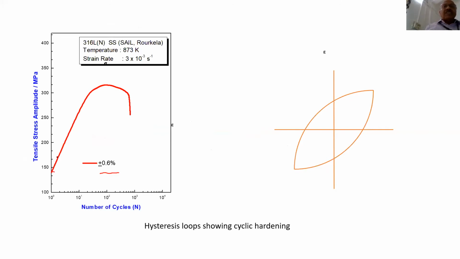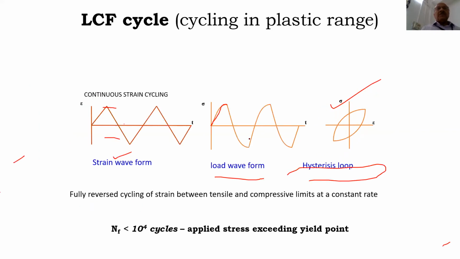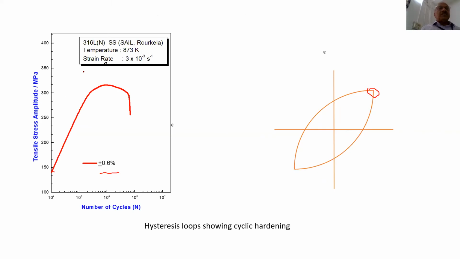For the next cycle, and this stress is taken from this point, there is a maximum stress in each hysteresis loop. So you find that as you increase the number of cycles, the tensile stress amplitude, that is this one, keeps on increasing. It reaches a peak and thereafter it comes down.